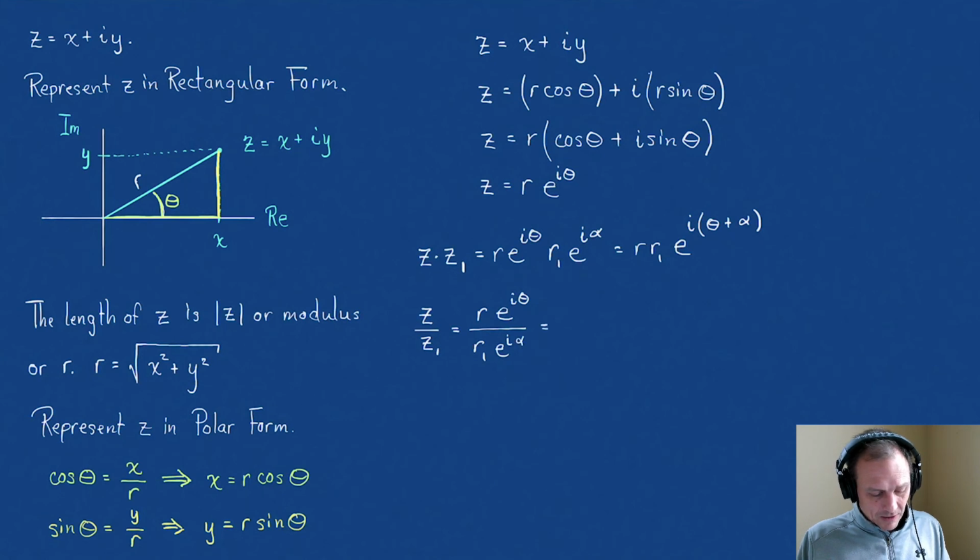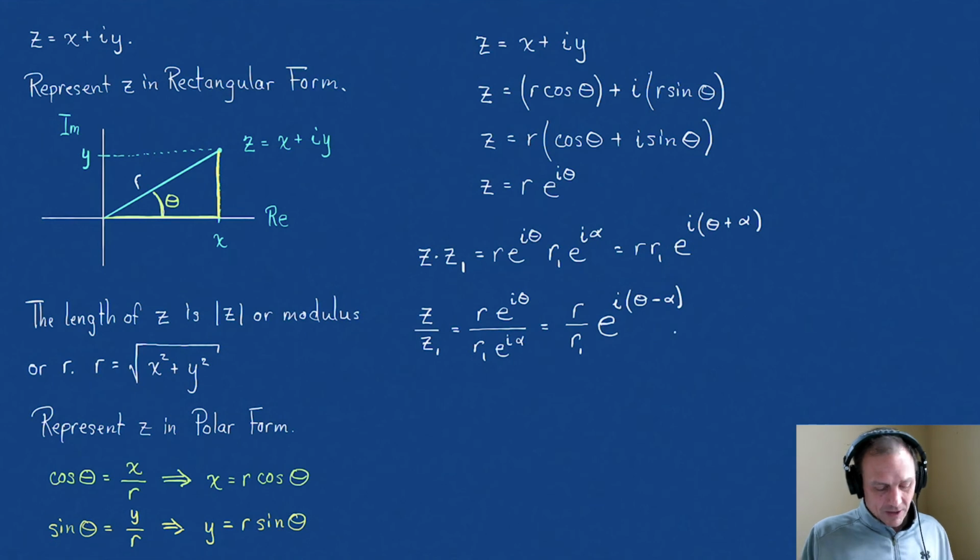Now I just have a number, the length of the first modulus divided by the length of the second modulus. And then we just have an exponential. The bases match, so we can just write this as e to the i, and now we just subtract the exponents, theta minus alpha. And I have to admit, that's a lot easier for the sake of application.